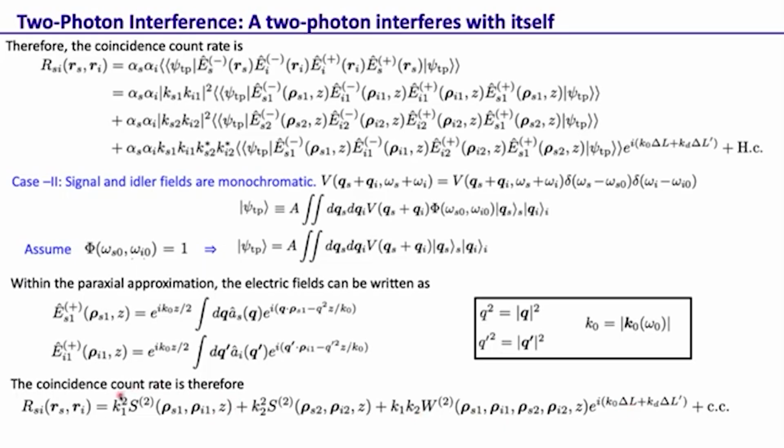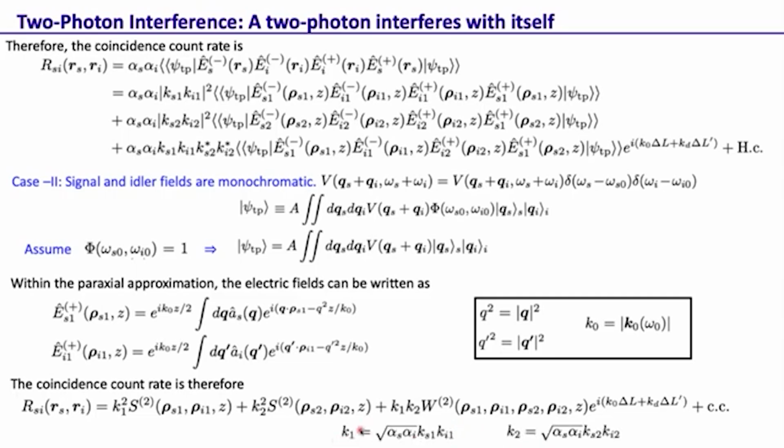This is the generic structure we see for any interference involving 2 alternatives. The first term is the coincidence count rate if only alternative 1 was there. Second one is the coincidence count rate if only alternative 2 was there. And when both the alternatives are there and they are mutually coherent, then we'll have these 2 extra terms as well.